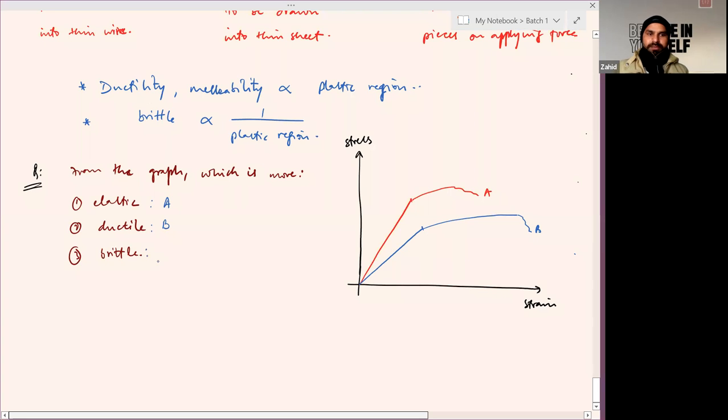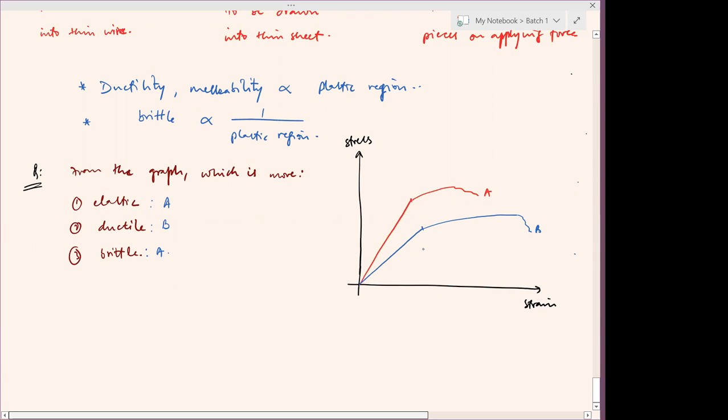And for the third part, brittle nature, it should have a smaller plastic region. So A, having the smaller plastic region, will be more brittle. Is it clear? Hamza? Yes, sir. Okay.